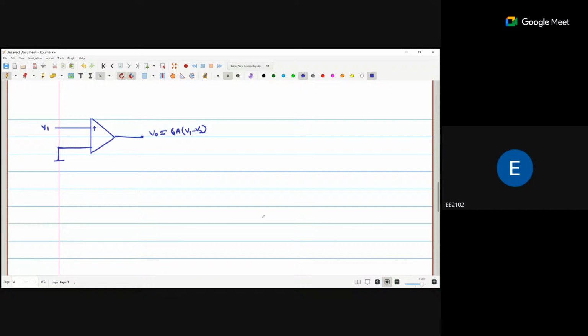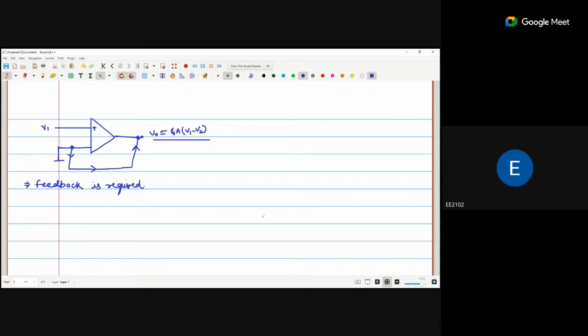So that's why feedback is required. Through this feedback, the current flows from here to here, and that will appear at the output as V naught equals A times (V1 minus V2).